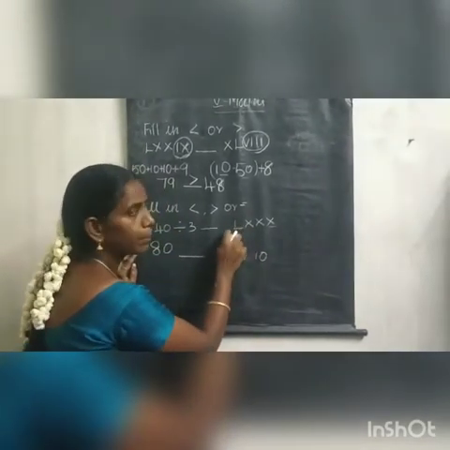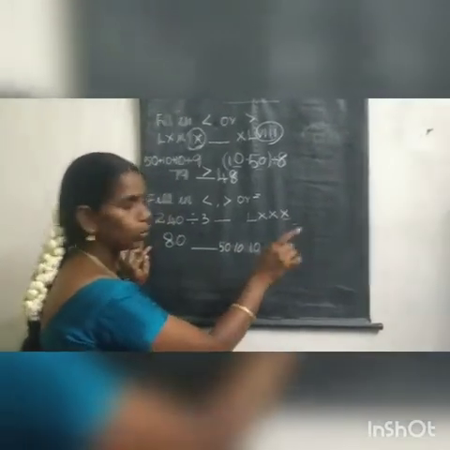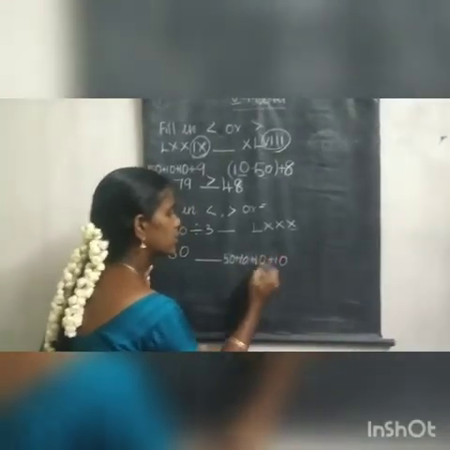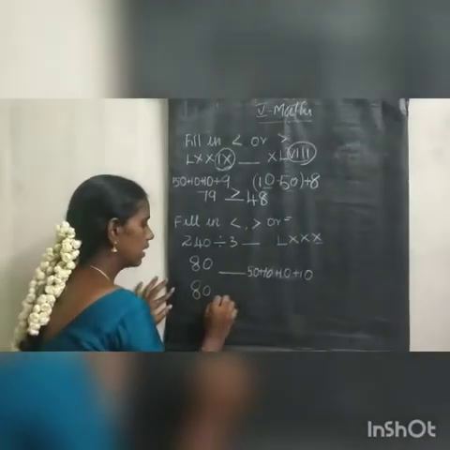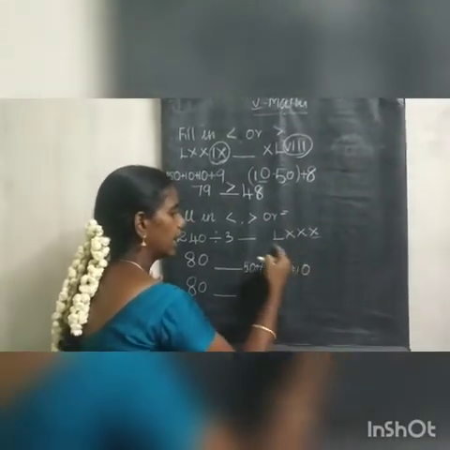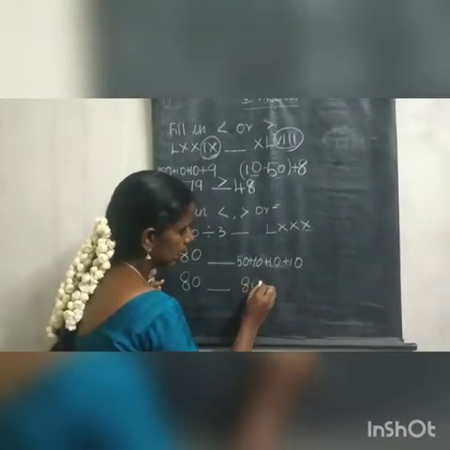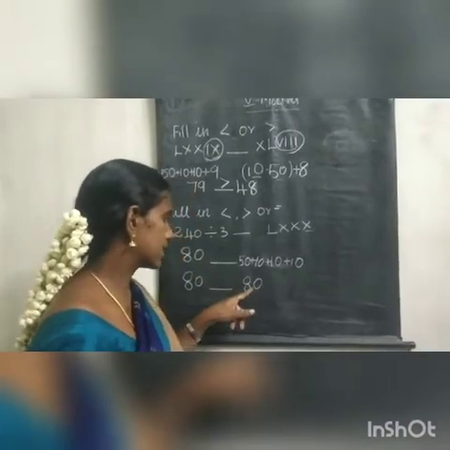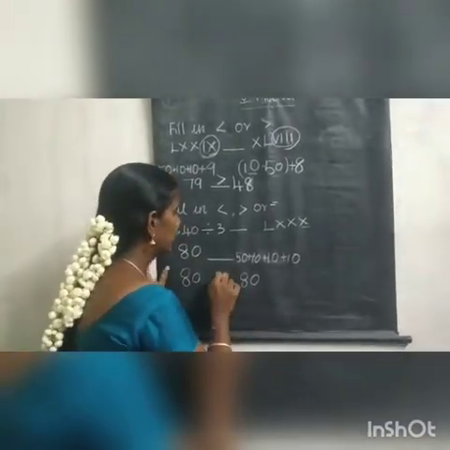Then this L represents 50. Now we want to add 50 plus 10 plus 10 plus 10. So keep this 80 as it is, dash. When we add all these things, here also we get 80. So our answers on both sides are equal. So put equal to.